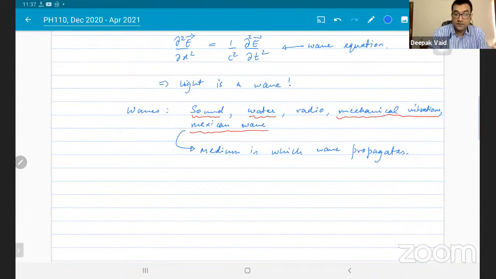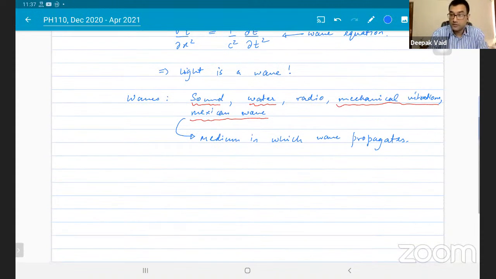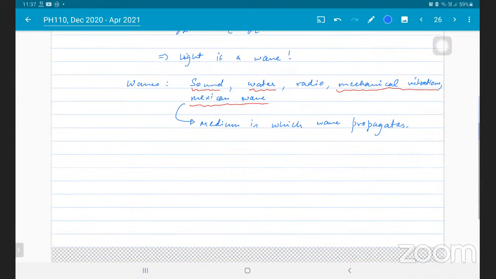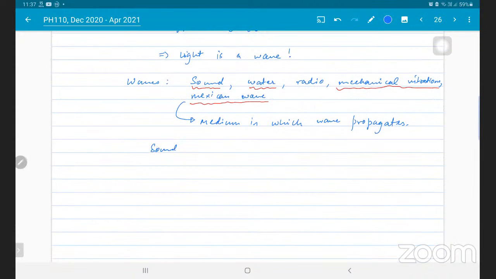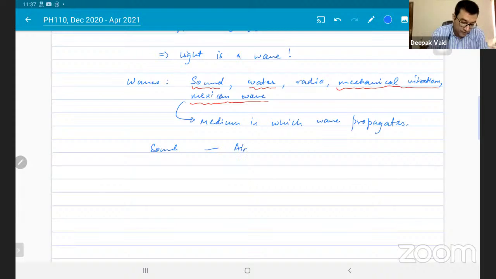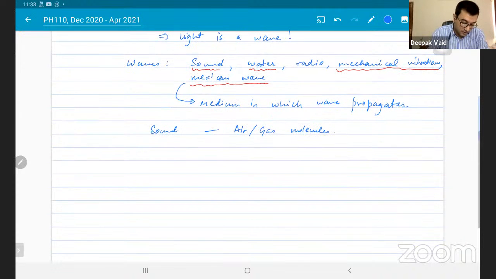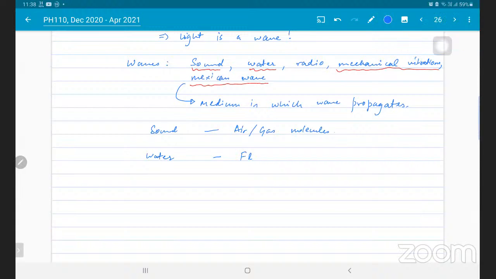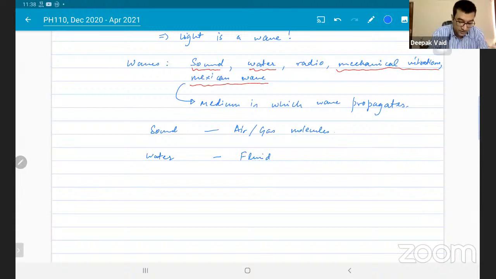So what is the medium for the case of sound? It's just air molecules. So for sound, you have air or some gas in general. For water waves, or for fluid in general, you have some fluid.